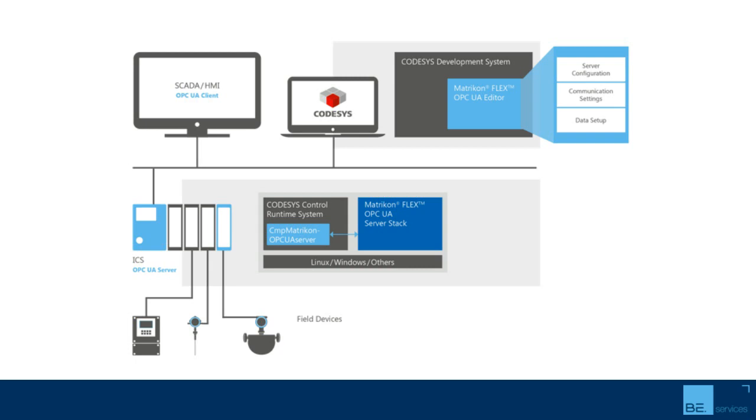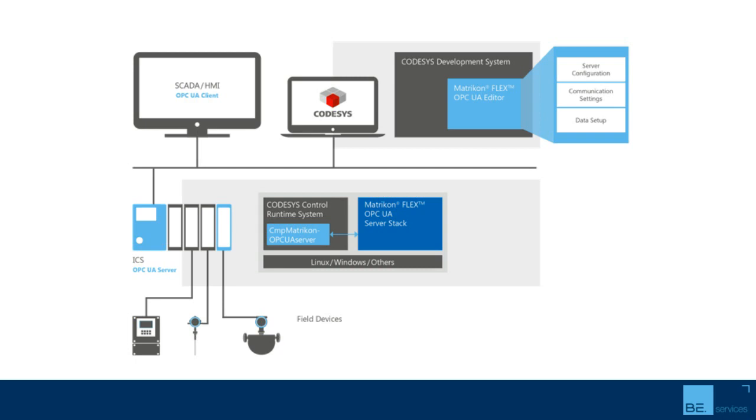So that is one piece. But then, for the automation engineer, as I mentioned, he's used to doing the complete programming and configuration of the machine in the same environment, in one project.